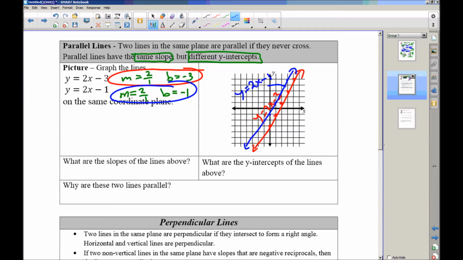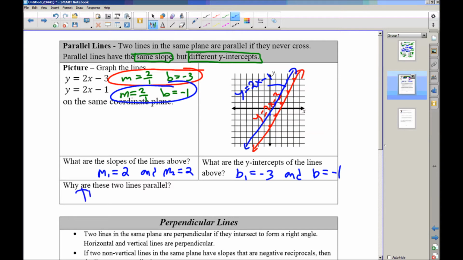Okay, so what are the slopes of the lines above? They both have a slope of 2. So first line is 2, and the second line is 2. What are the y-intercepts of the lines above? So the first y-intercept is -3, and the second y-intercept is -1. Why are these two lines parallel? Let's see.